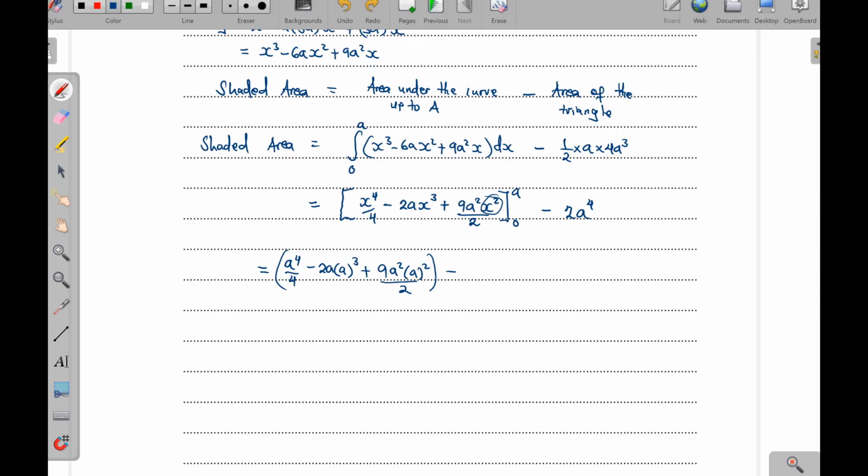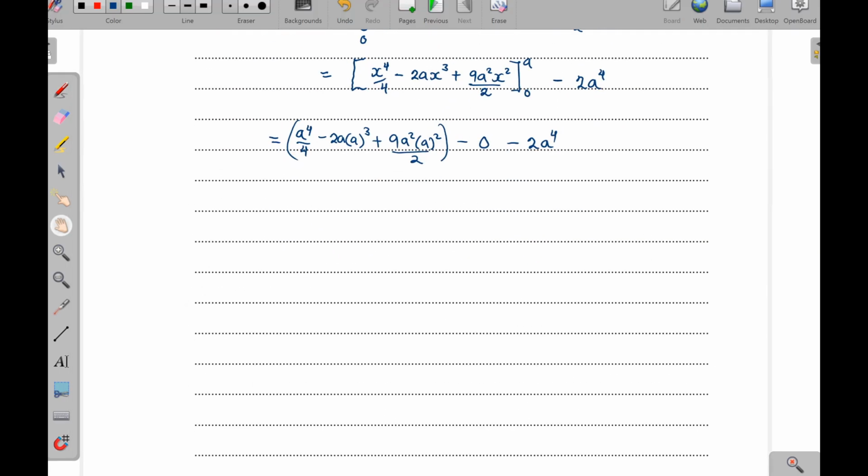So when you replace them with 0, you'll have 0, then minus the 2a power 4. And then you can see here that you have a quarter, then you have a 2 here, then you have a 9 over 2 here. All of these have a power 4, and then 2 here.